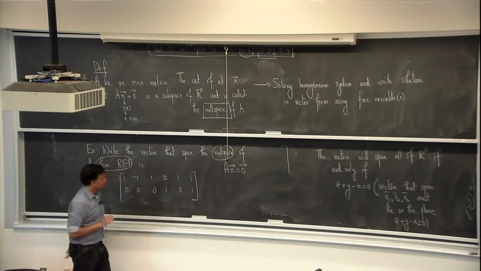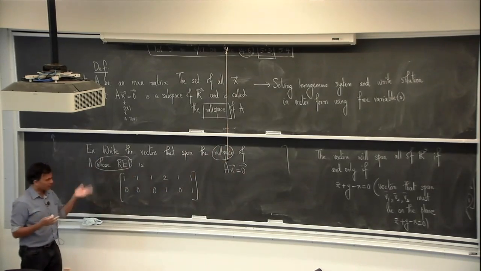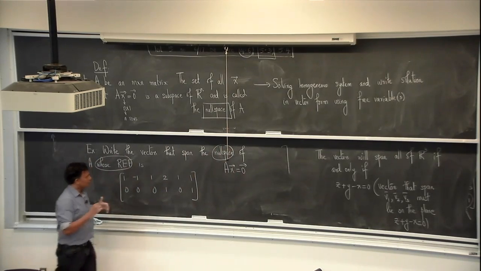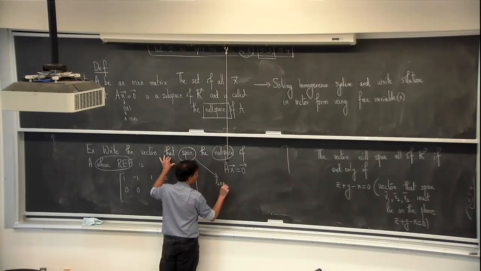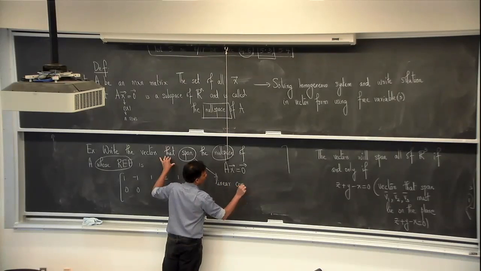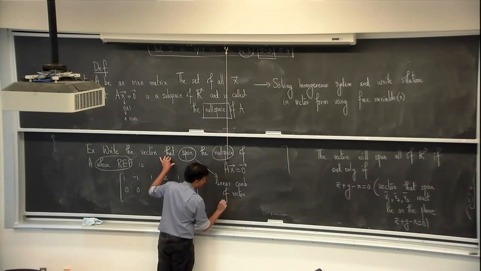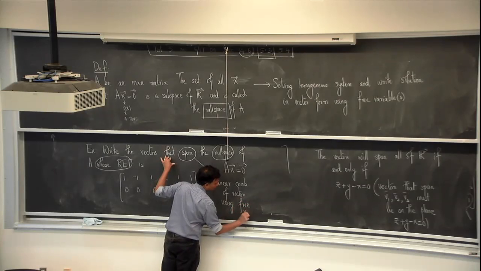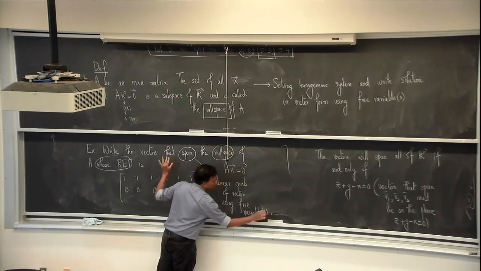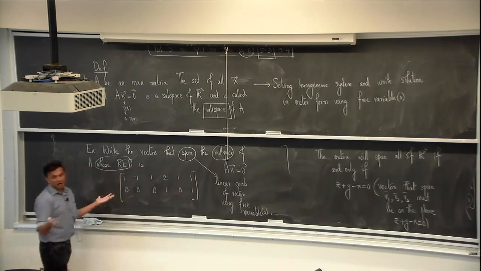So there is no need to do any augmented thing here because the right hand side is 0. And when it's a span, that means you're writing it as a linear combination of vectors using the free variables. Both of which you have done in chapter 4.